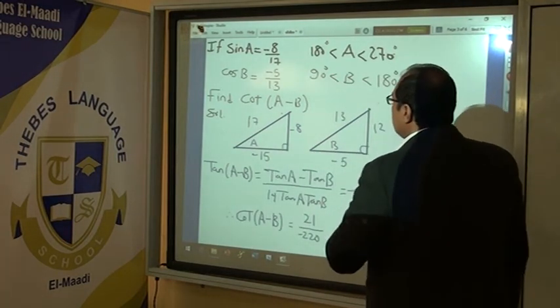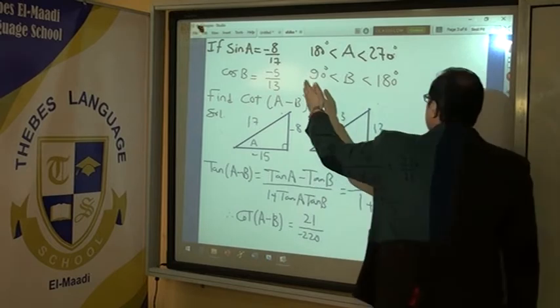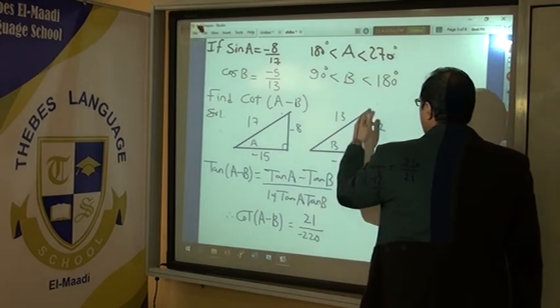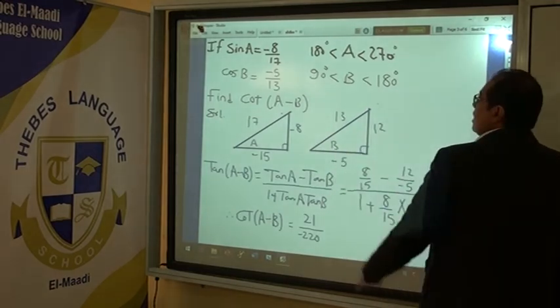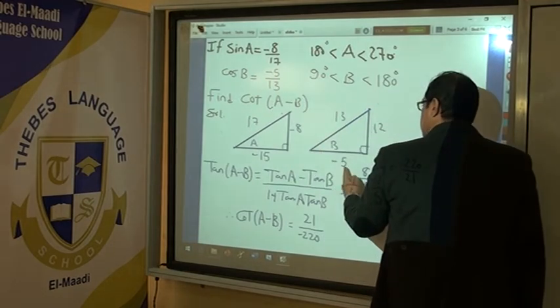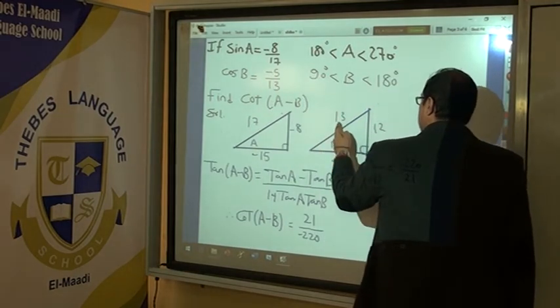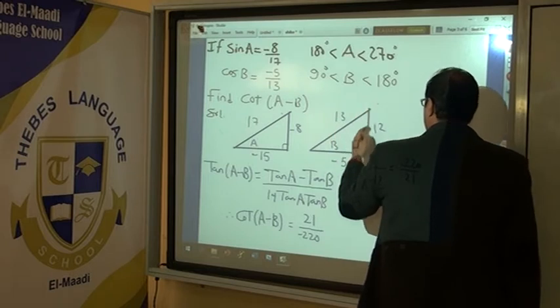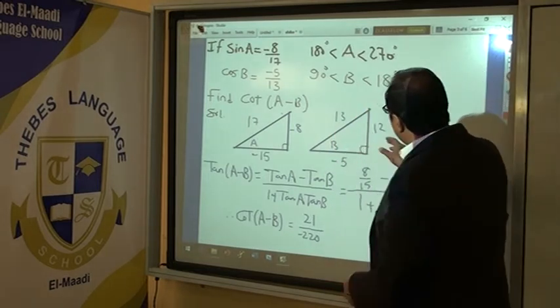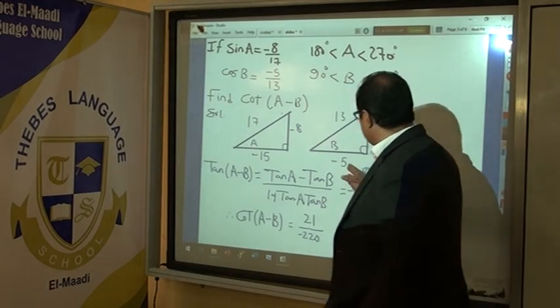For angle B, given that cosine B equals negative 5 over 13, I draw a right-angled triangle for angle B. The cosine equals adjacent over hypotenuse. The adjacent equals 5 and the hypotenuse equals 13. I find the length of the third side by using Pythagoras' theorem.